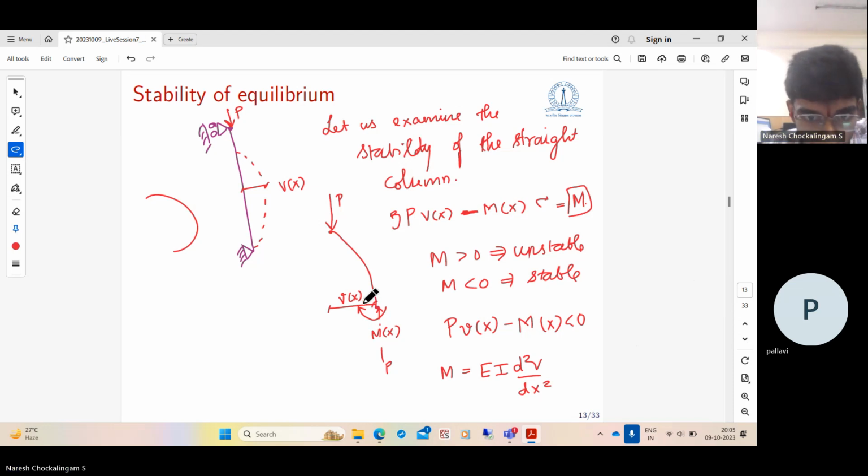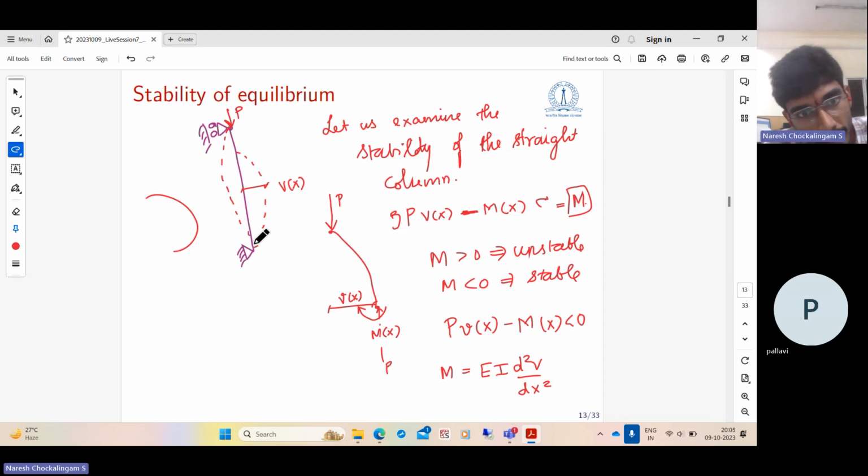Let me check. P v of x. So when you take the sign convention, M of x is positive in this direction. Okay, the direction I have assumed is incorrect.